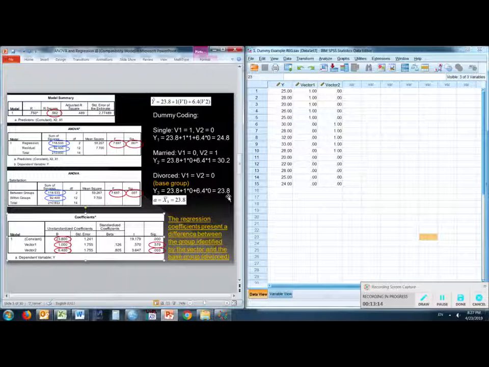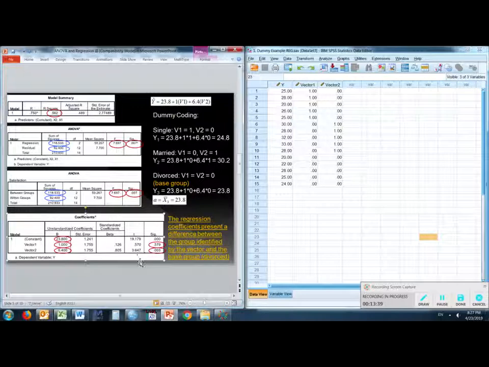Therefore, this 23.8 is the mean for the divorced group. It is also the intercept right here, 23.8. When you use dummy coding, the divorced group is coded 0 and 0. Therefore, the mean is the same as the constant in regression.